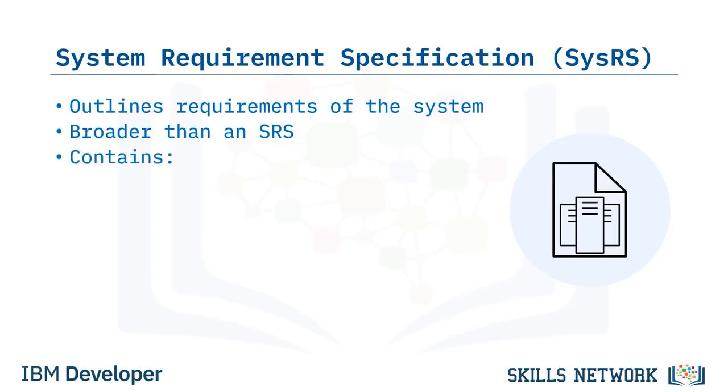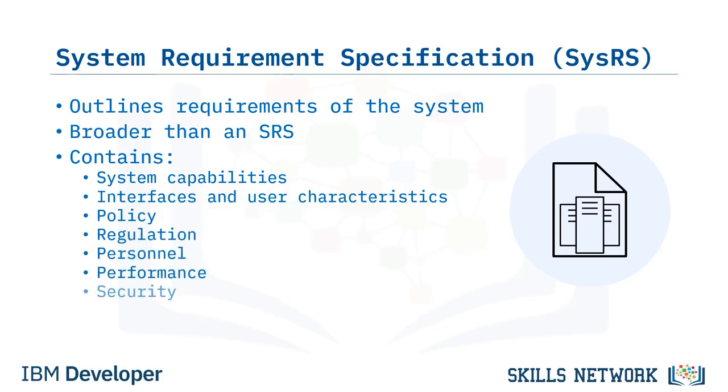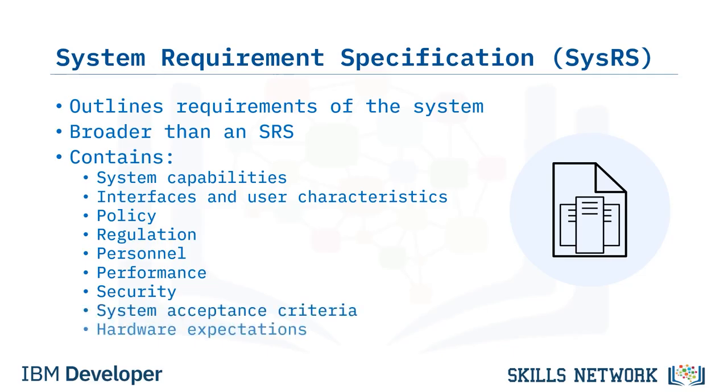The SysRS contains system capabilities, interfaces, and user characteristics. It also may include policy requirements, regulation requirements, personnel requirements, performance requirements, security requirements, and system acceptance criteria. It also outlines expectations of the hardware needed for the system in addition to software requirements.